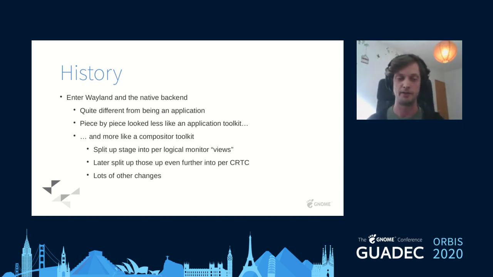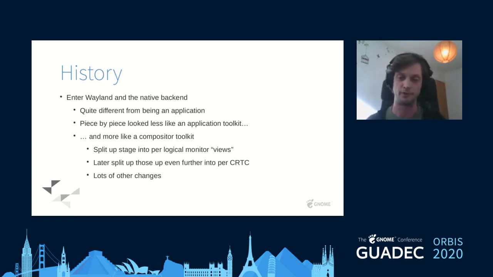Initially, we did this by rendering certain areas of the stage separately, and we call those areas views. It's more or less, if you have multiple monitors, we would render the area they occupy individually.